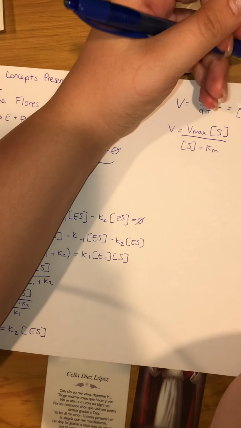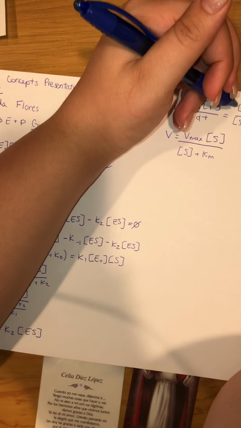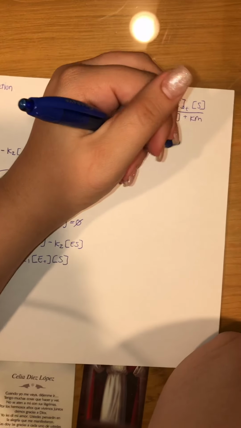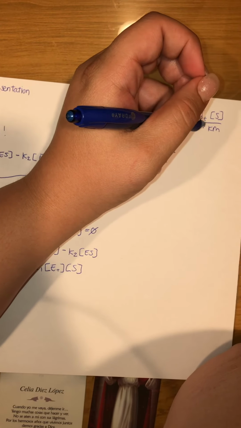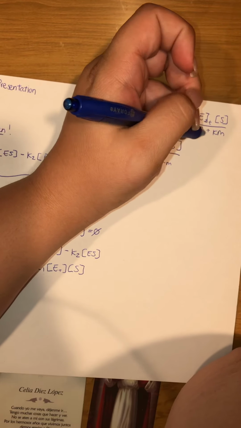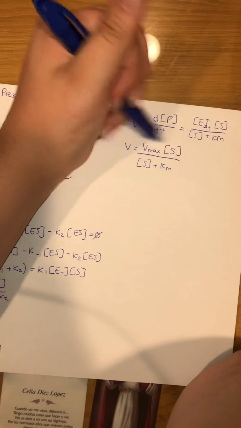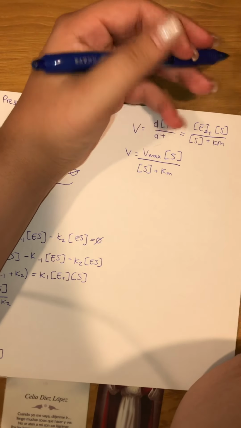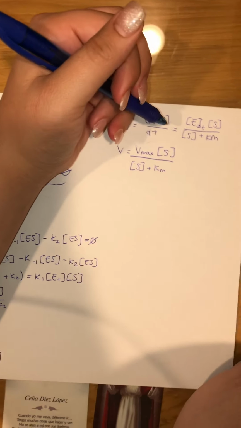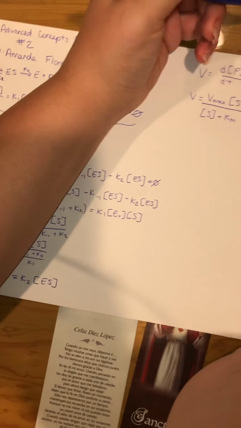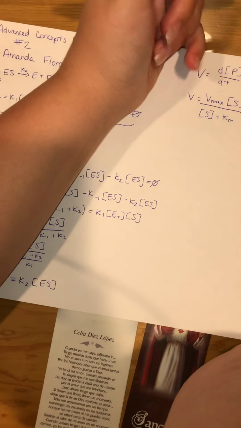So we were also asked to define Vmax. So as the enzyme substrate goes up, the rate of reaction also increases, which is important to keep in mind.